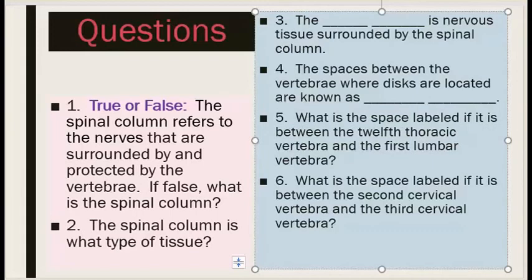Number 5, what is the space labeled if it is between the 12th thoracic vertebra and the first lumbar vertebra? Number 6, what is the space labeled if it is between the second cervical vertebra and the third cervical vertebra?